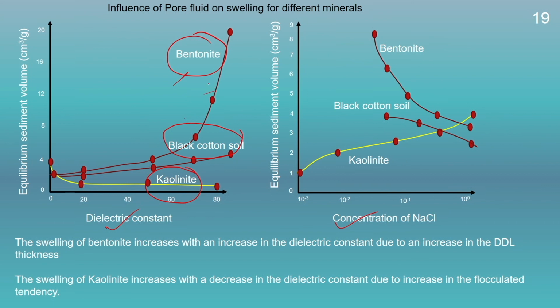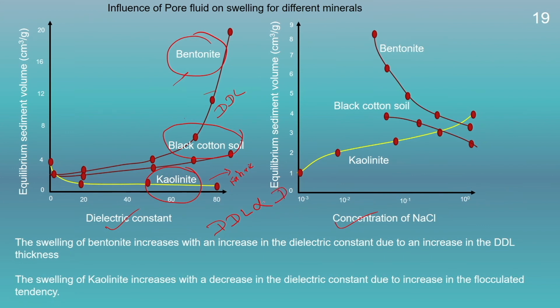Earlier I have told that the montmorillonite is controlled by the diffuse double layer thickness, whereas the kaolinite is controlled by its fabric, which is mostly flocculated fabric. Now, with increase in the dielectric constant, we know that diffuse double layer thickness will increase.